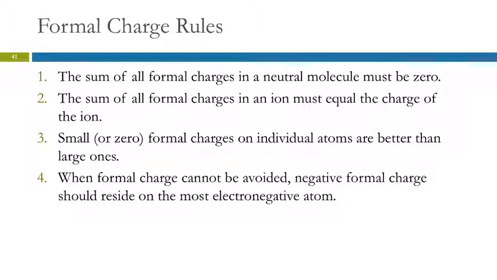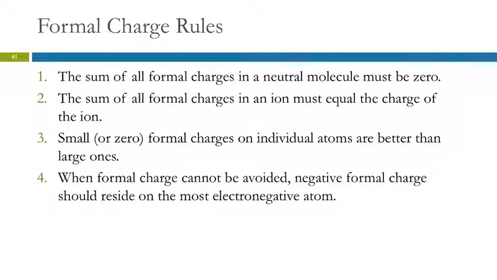Of course, we have to have rules. The sum of all the formal charges basically has to add up to the charge on the molecule or the ion. If it's a neutral molecule, they have to add up to 0. If it's an ion, the formal charges add up to the charge in the ion. Small or 0 formal charges are better.